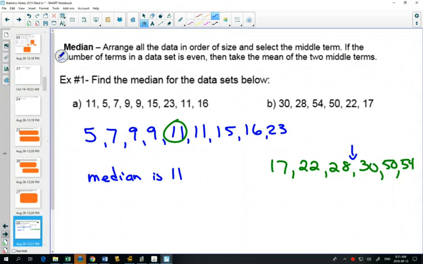So the way that we calculate our median is the average of those two values. So in this case, the median would be 29. I'd like you to quickly put these 6 values into your calculator and see if you can get your calculator to tell you your median is 29 as well.